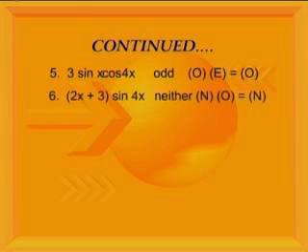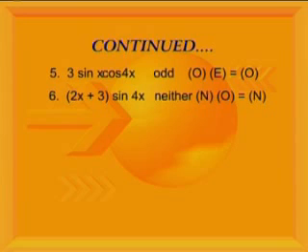Sixth, 2x plus 3 into sine 4x. This 2x plus 3 is neither odd nor even, because if you replace x by minus x, you cannot write it as minus of 2x plus 3, and similarly it will not be equal to 2x plus 3, so therefore it is neither odd nor even.